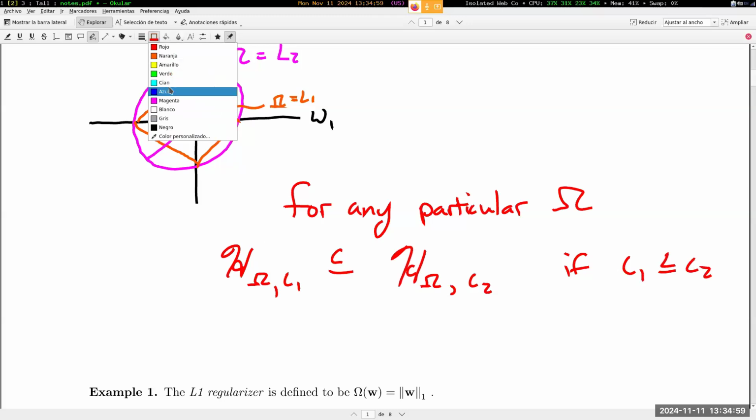But we'll never care about the situation where these omega values are different regularizers. Yeah, good question.